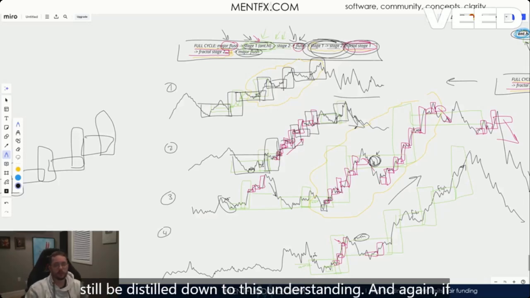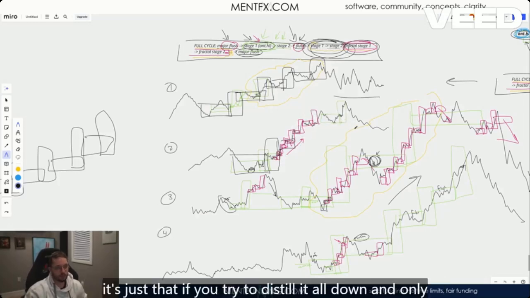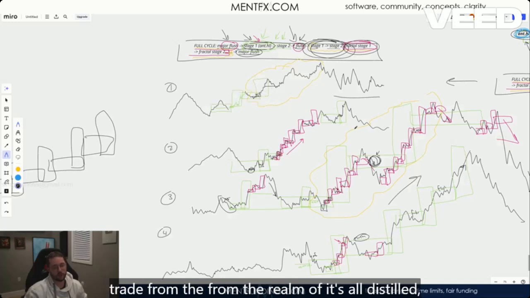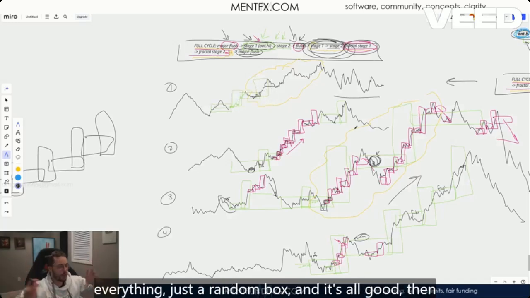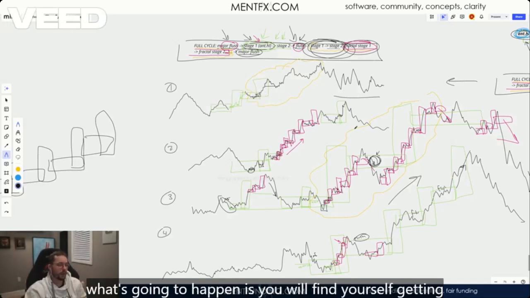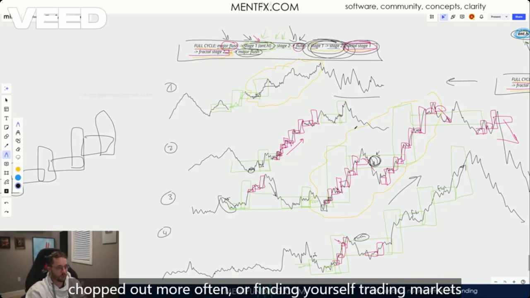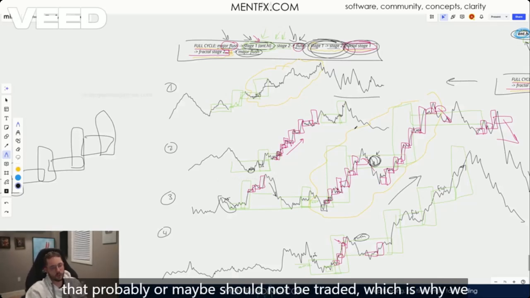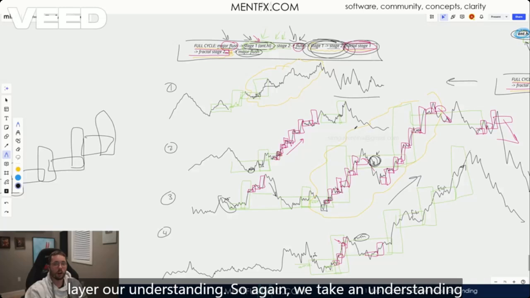Right, so everything can still be distilled down to that stage 1, stage 2. It's just that if you try to distill it all down and only trade from the realm of, it's all distilled, everything's just a random box and it's all good, then what's going to happen is you will find yourself getting chopped out more often, or trading markets that probably should not be traded, which is why we layer our understanding.